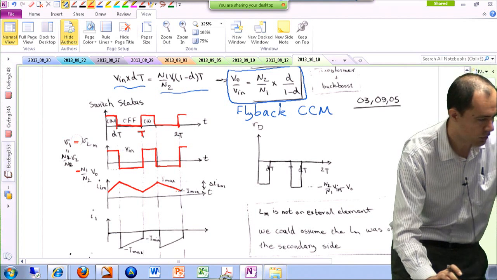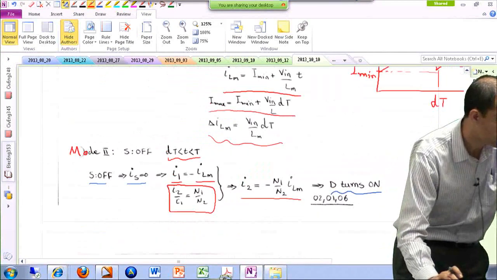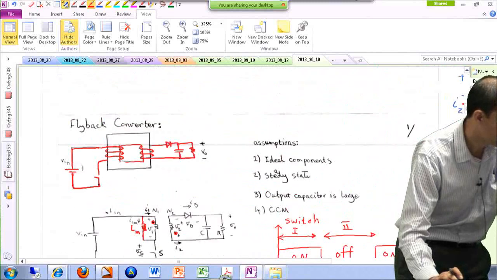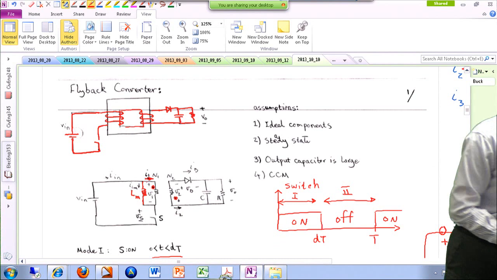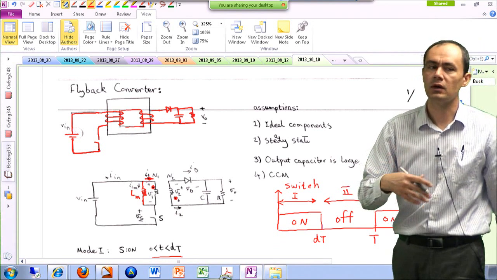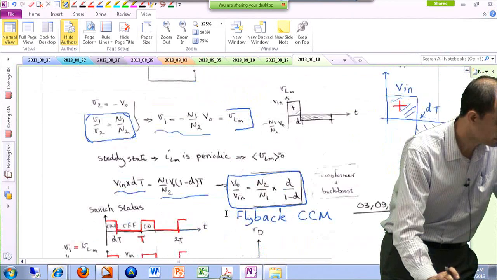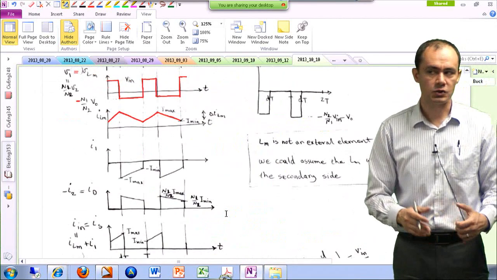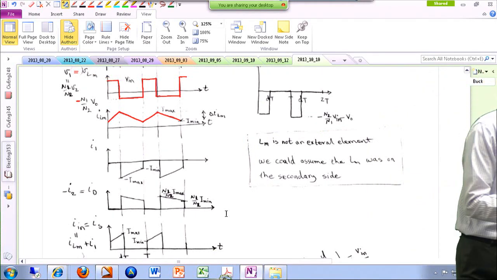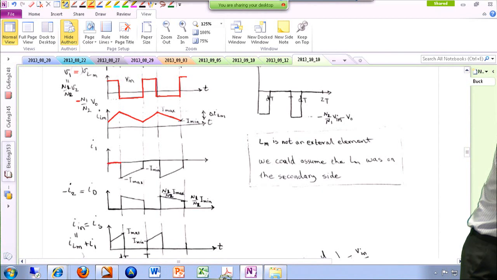I1, which is this imaginary current that you can never ever measure, the current that goes into the primary side of the ideal transformer. Okay, so let's draw that. In the first mode, remember the switch was on, the diode was off, therefore I2 was 0, therefore I1 was 0, so this is 0.